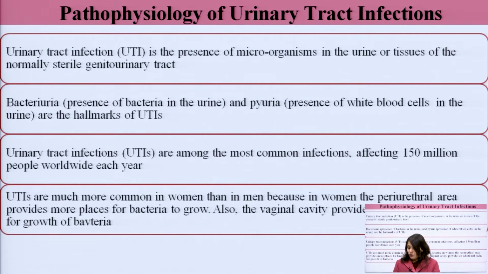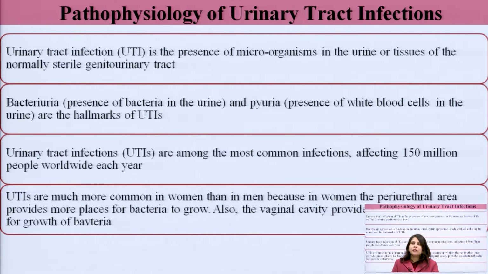Urinary tract infections are among the most common infections, affecting 150 million people worldwide each year, and this is generally due to poor sanitation also. People resort to using public toilets more frequently.